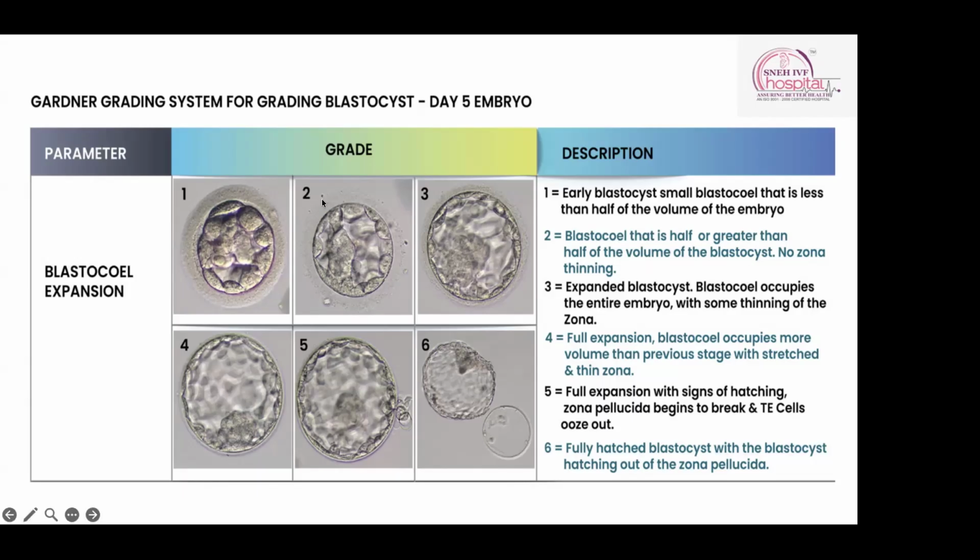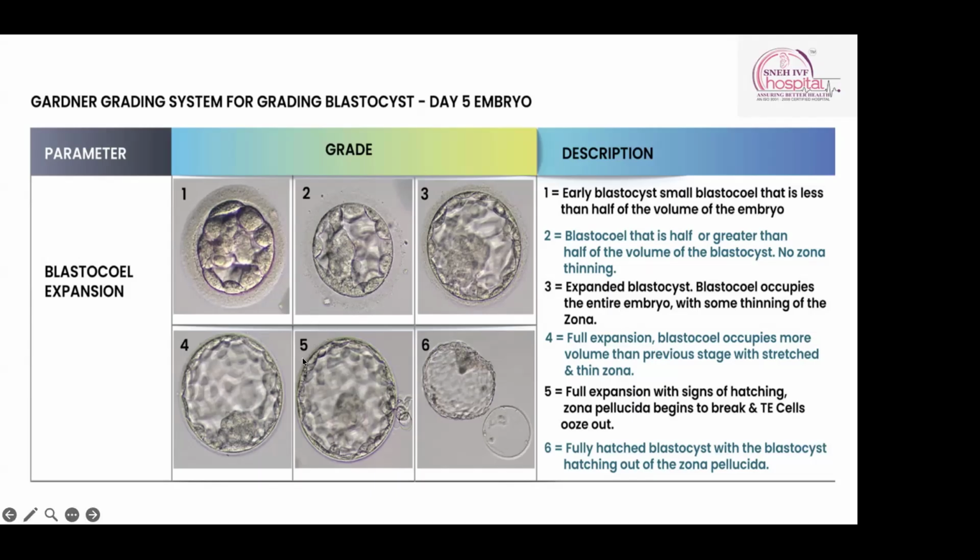We have zona here, and the zona is intact. Now in the third, we have an expanded blastocyst, in which the blastocyst occupies the entire embryo with some thinning of the zona. 4 is a fully expanded blastocyst, occupying more volume than the previous stage, with stretching and zona thinning.